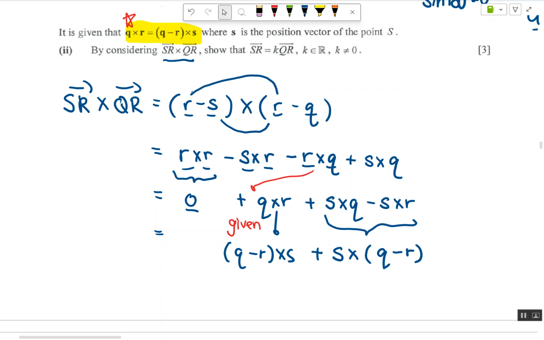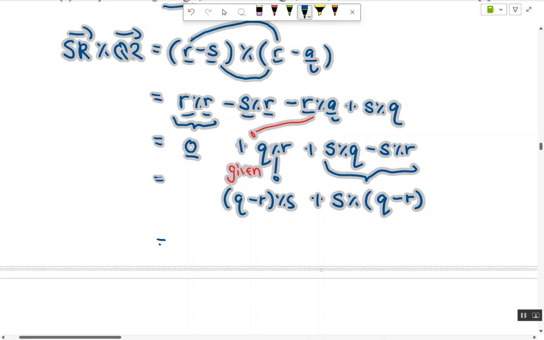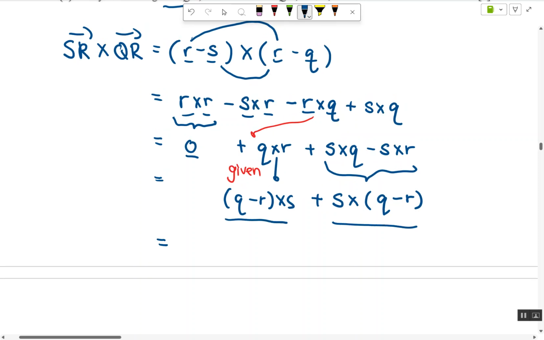This is the part where students make mistakes. This one and this one, are they the same? Many students say this is 2 of Q minus R cross S, which is wrong, because this is Q minus R cross S, minus, and when you change the order, this will be Q minus R cross S. What is this equal to? 0 or 0 vector? 0 vector.